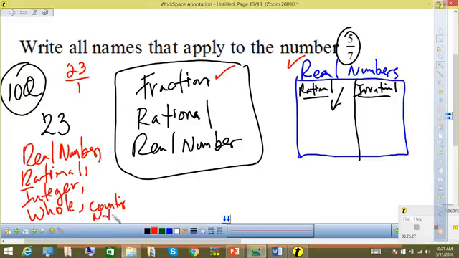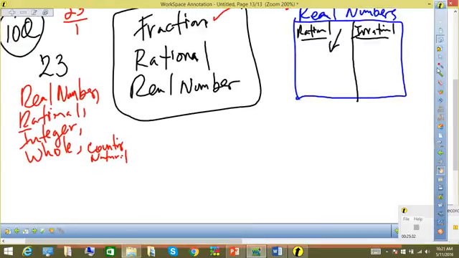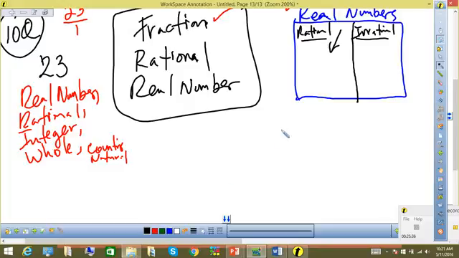The last name for that one is counting number or natural number. Now let me review this because I see some kind of disturbance in the force. When I introduced this, I said, check this out. Look up, please. I'm going to focus right now on all the numbers that fit in here. And I said, the very first set of numbers that we learned in mathematics, starting in preschool or kindergarten, were counting numbers, remember?